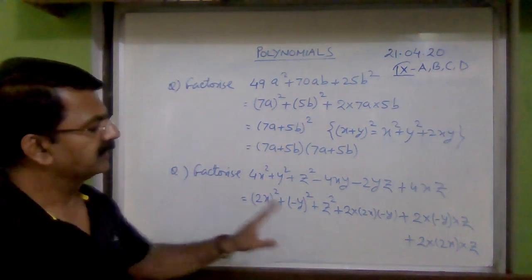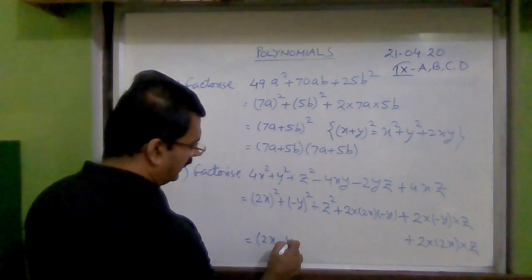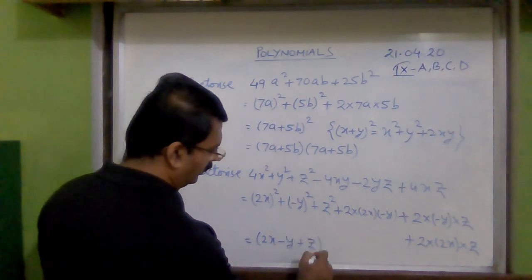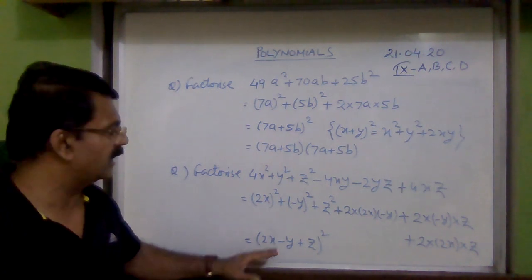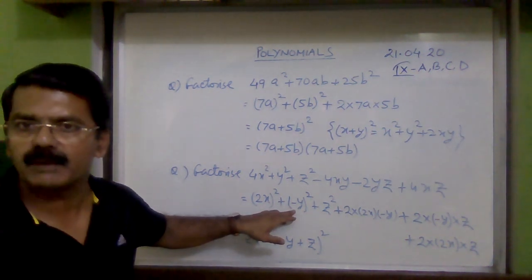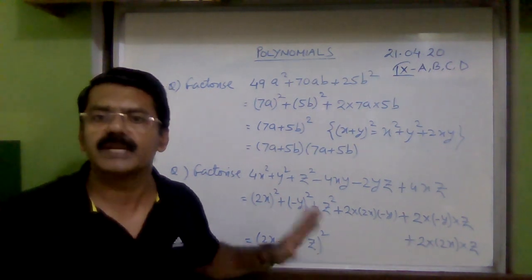That means this is nothing but (x plus y plus z) whole square. Although we are applying the formula of (x plus y plus z) whole square, in place of y we have minus y, that is why it is (2x minus y plus z) whole square.